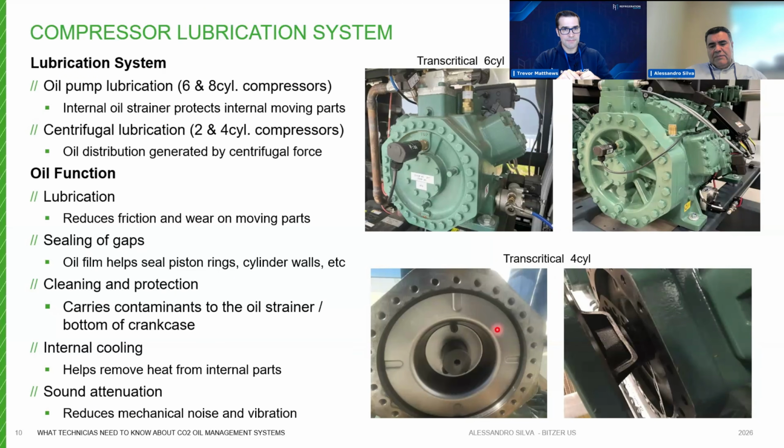Bitzer uses this configuration with the dynamic centrifugal disc not only for CO2, but for small 2 and 4 cylinders of the Ecoline series with standard refrigerants. And for 4-cylinder C4 with standard refrigerants, we have the possibility of both options, with the oil pump and with the slinger as well. But this is related to cost, to answer your question.